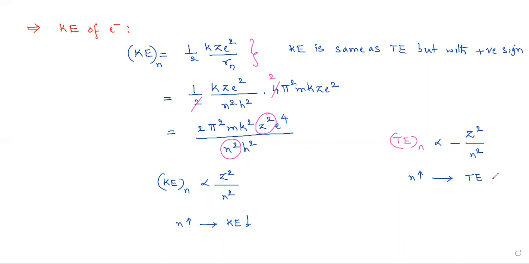So decrease in minus sign is nothing but increase in the value. You need to be a little cautious. See the difference. As the value of n increases, kinetic energy is decreased. Here, as the value of n is increasing, total energy is increasing because there is minus sign, right? So that's very important.